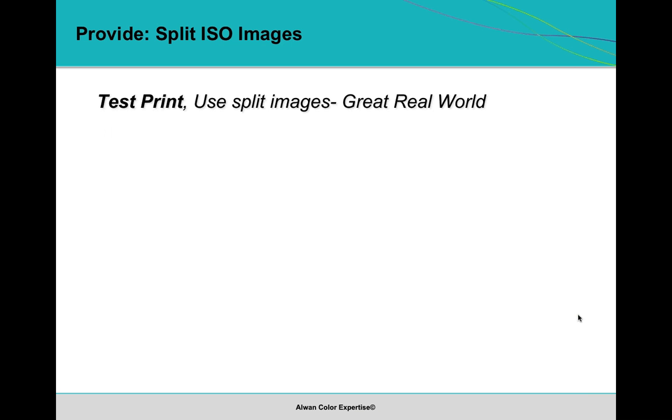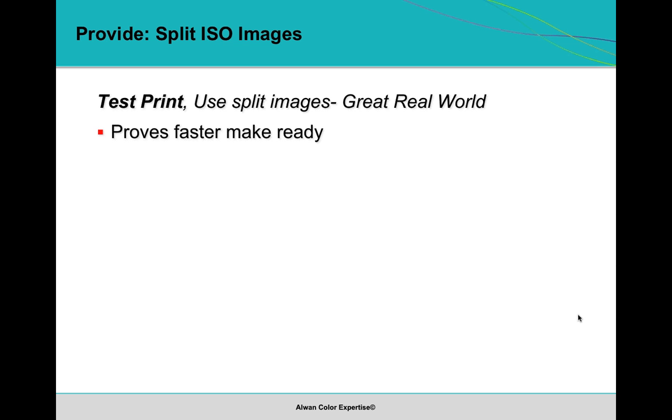And a couple of years ago, I came up with what I call split images. And the split images are the ISO images that we've been using on Grackle test forms forever. I've got all of them split into 4 sections.